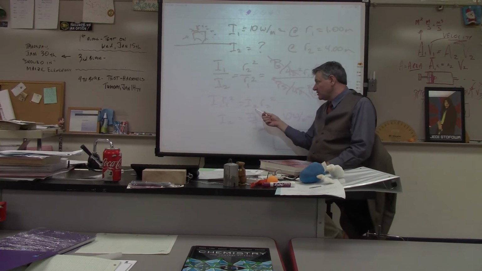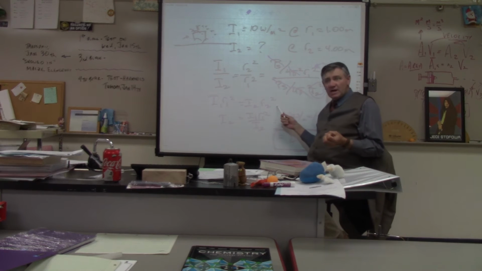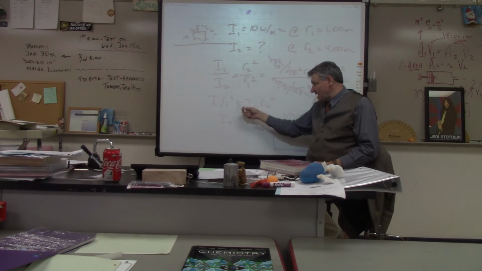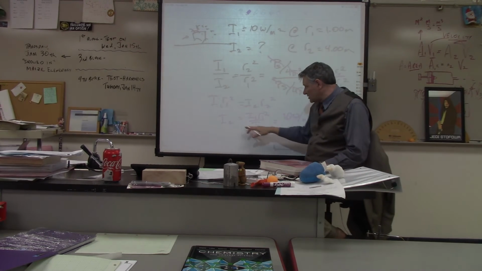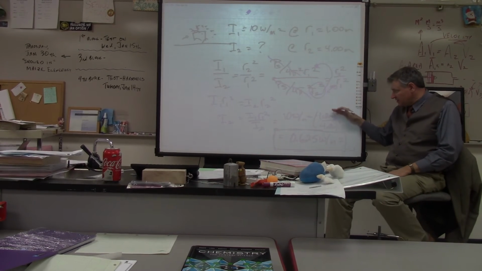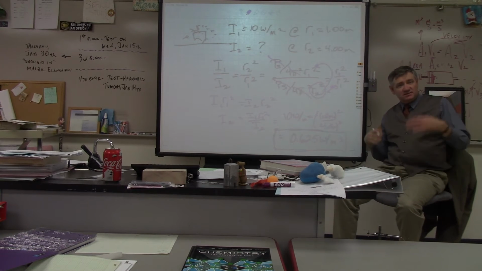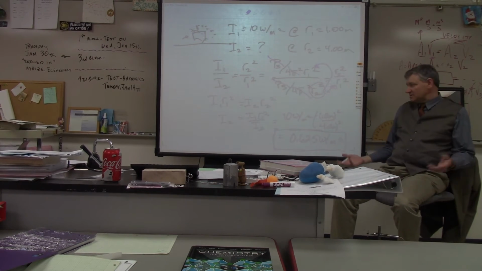Out here, I2 is going to be much smaller, but you're going to be much further away from it. That's the importance of that equality sign. To solve for the second intensity, you take 10 and divide that by 16 because it's 4 squared. So it's going to be 1/16 as much.